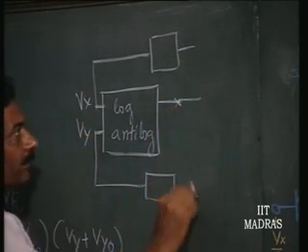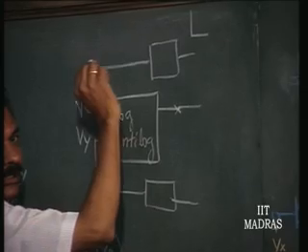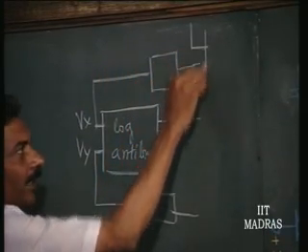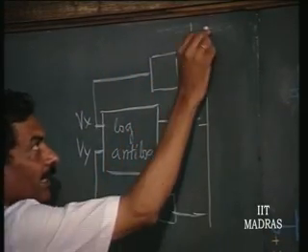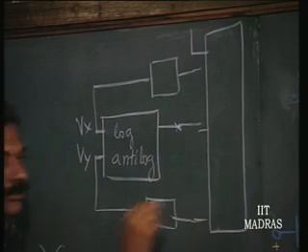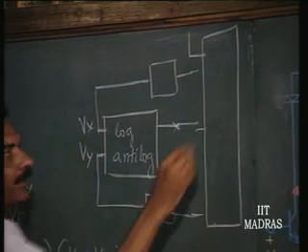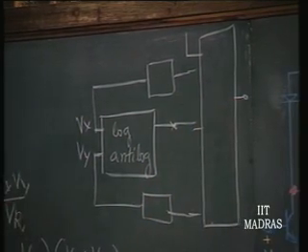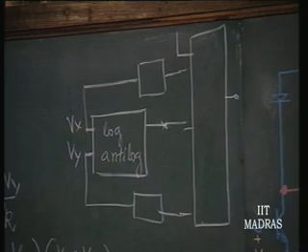Use all this information, and also DC, and then devise an op amp circuit to get an output which is just V x V y by R. This is the tutorial exercise I am giving you.